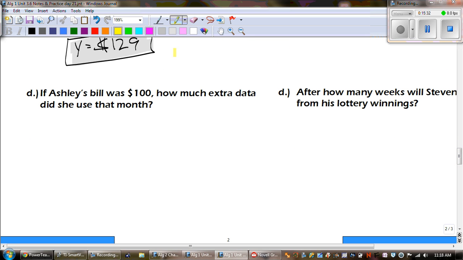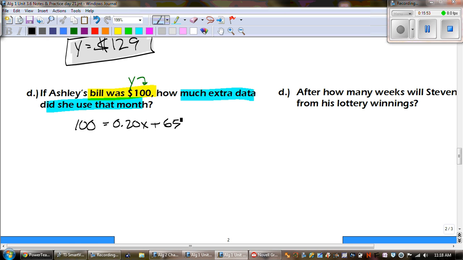Okay, next one. If Ashley's bill was $100, how much data did she use? The bill, $100, so that's our y. 100 equals 0.20x plus 65. So we have to solve, and remember, we're solving using SADMET.